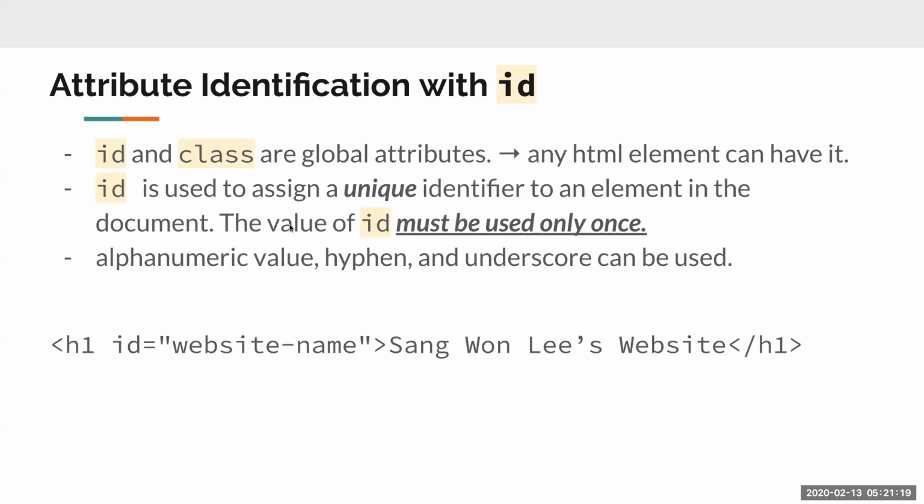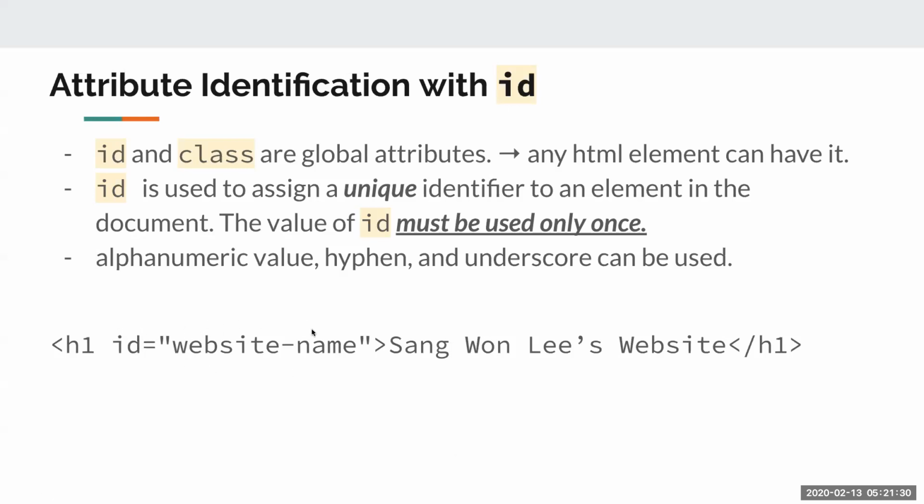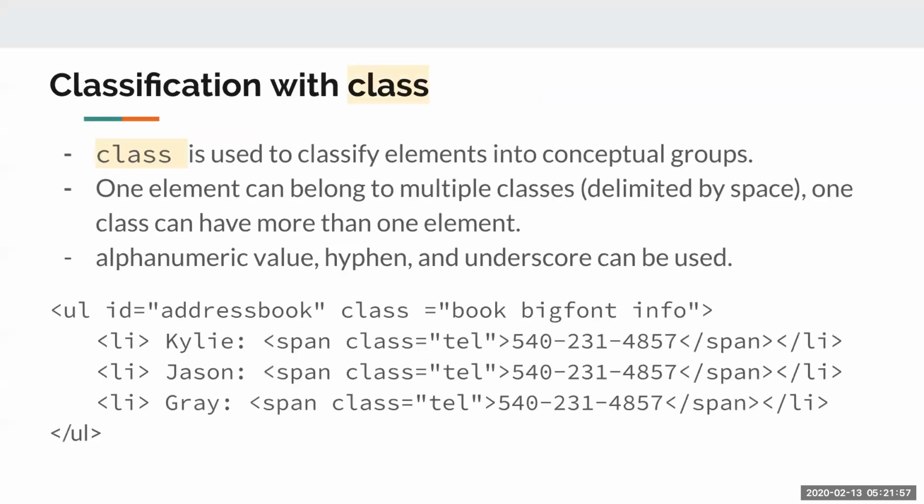The value of ID must be used only once. So if you have a certain element, you can assign the attribute ID with a value of your choice, and this value should be a unique identifier, which means that no other HTML element should have the exact same ID value. ID is needed to identify an HTML element. Sometimes you don't have to have it. It's optional, basically.